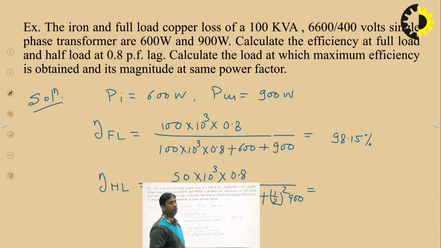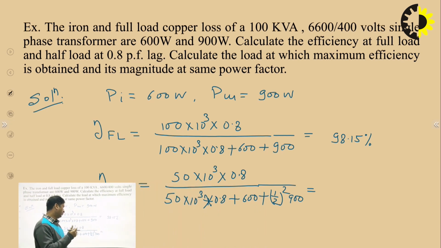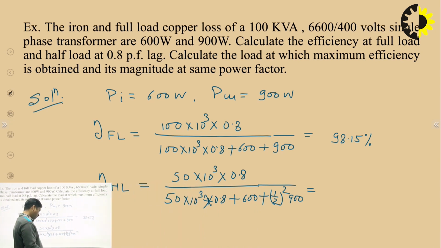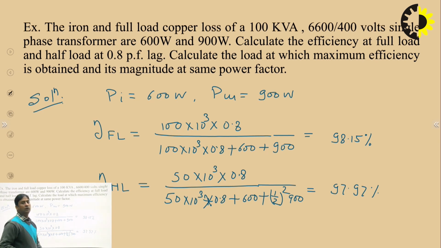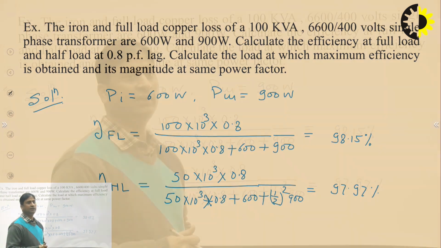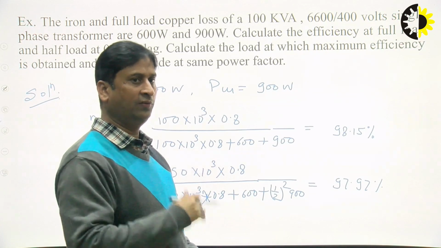If X is equal to 1 by 2, X square will be 1 upon 4. So when we calculate this, the efficiency will be 97.97%. So these are the two efficiencies at full load and half load.